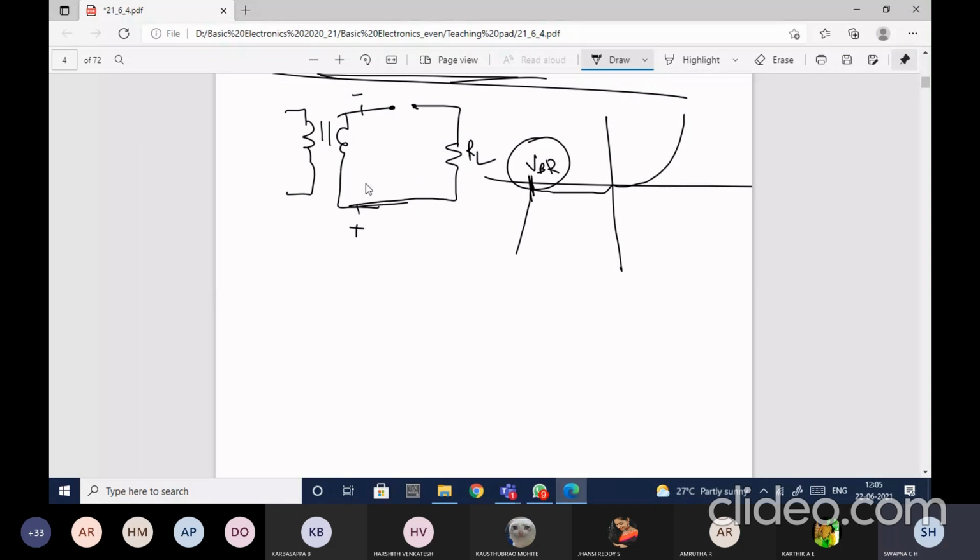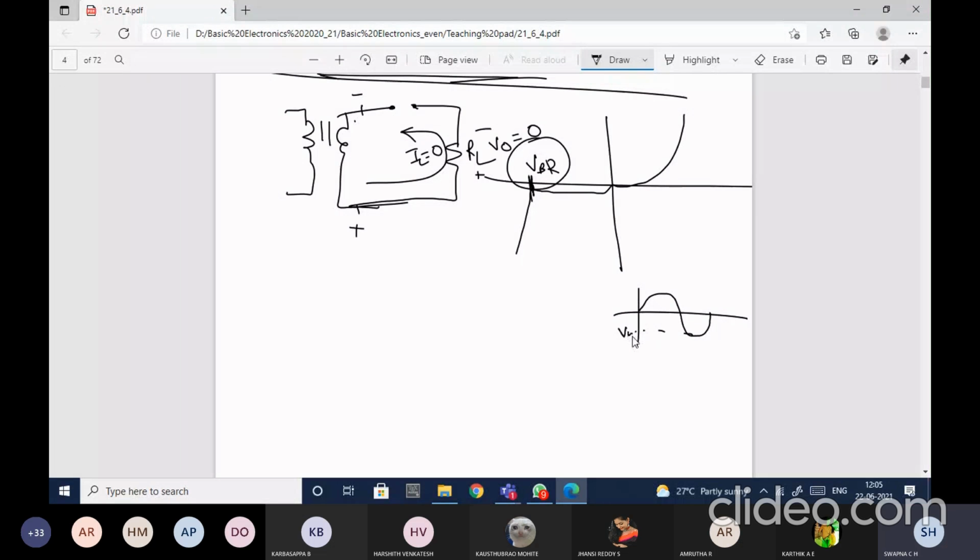So the current through the load was 0, because of which the voltage across it, V naught, is also equal to 0. Now this is negative and this is positive, and the maximum peak voltage of the input we have taken was Vm. So here it will be Vm only.